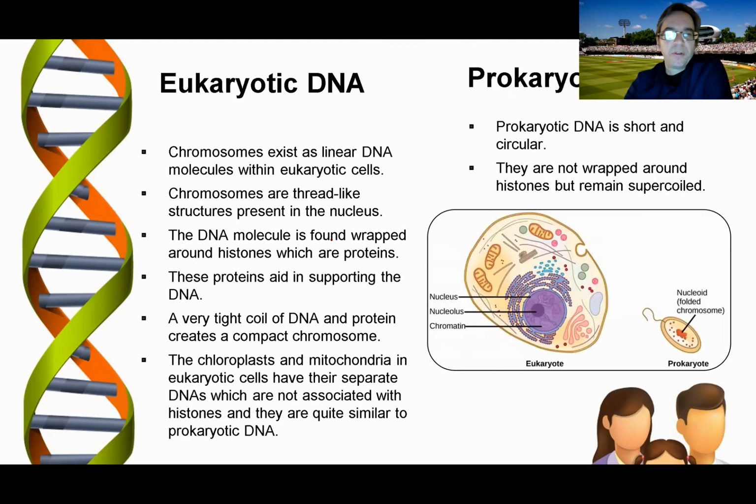So let's put this into context in cells, which I sort of touched on in one of the early videos. Eukaryotes and prokaryotes all have DNA. If we have a look at the differences between the two, you can see this is what we call an organelle.